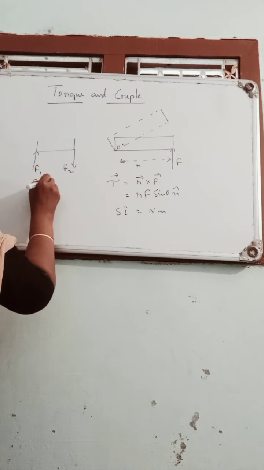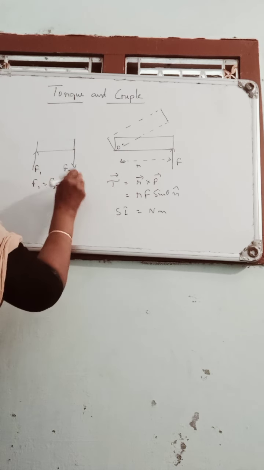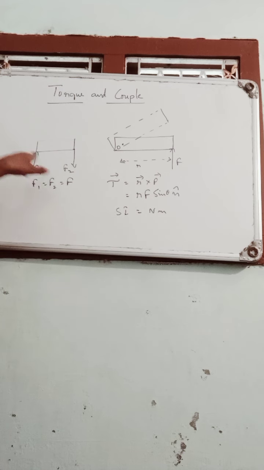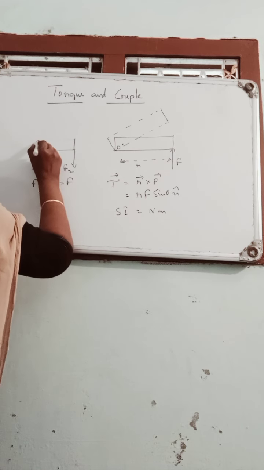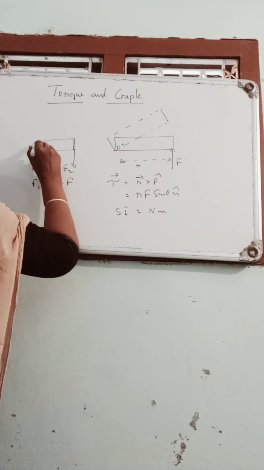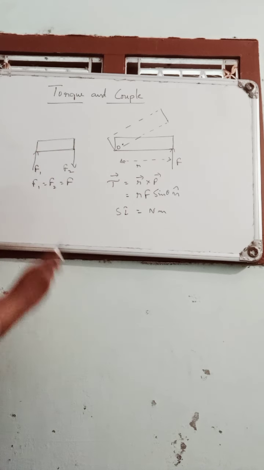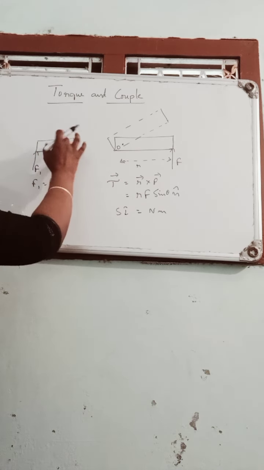But F1 equals F2, let it be F. Two equal anti-parallel forces acting at different points on the same rigid body at a time produce a turning effect in this body.